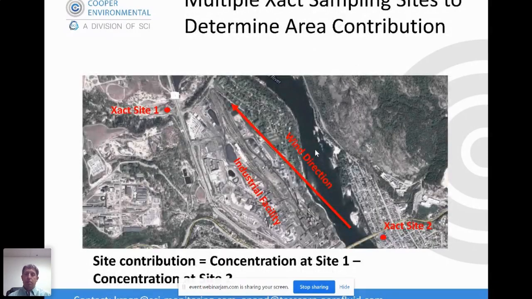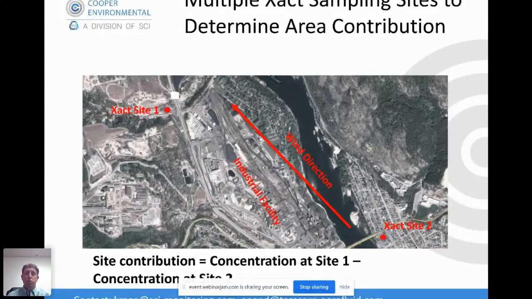I'm showing an example of one where you have an upwind and downwind location. This is done at a location where you have an industrial facility located in a river valley, so essentially the wind is either blowing upriver or downriver.